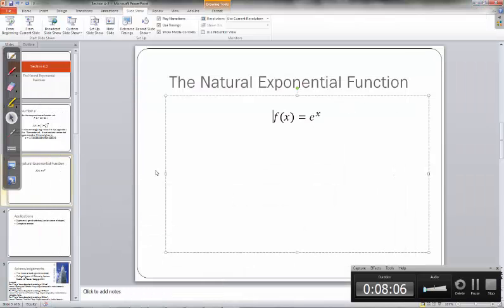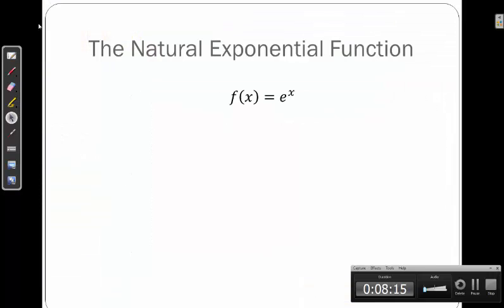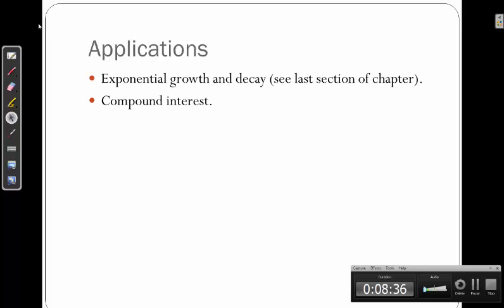Honestly, the best properties you get out of this function, e to the x, come from calculus. It's a very useful function in calculus. But even in algebra, there are some nice things about it. One very nice thing is we'll see in 4.6 the standard model for exponential growth or decay is based on this function, e to the x. So that'll be cool once we get there. But for now, we are going to use it for interest.